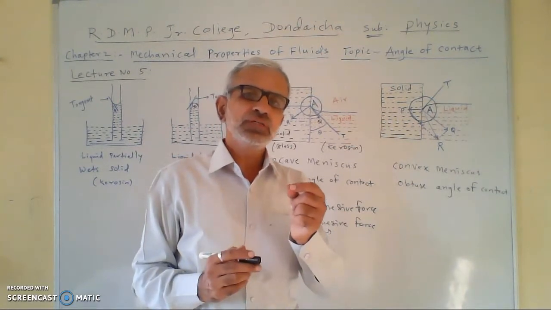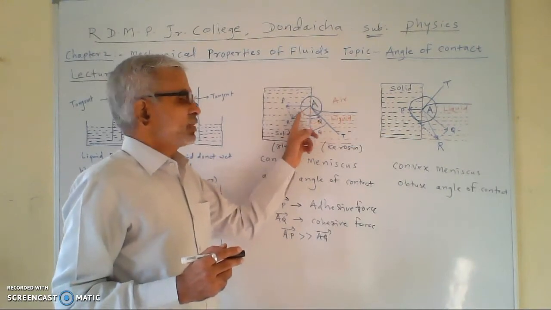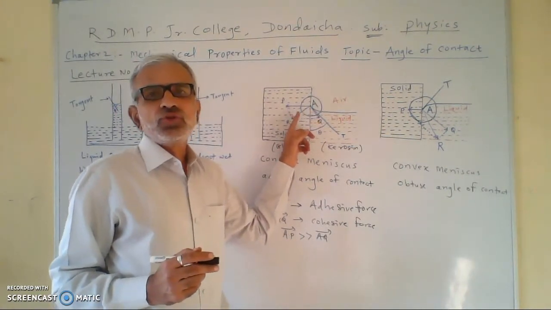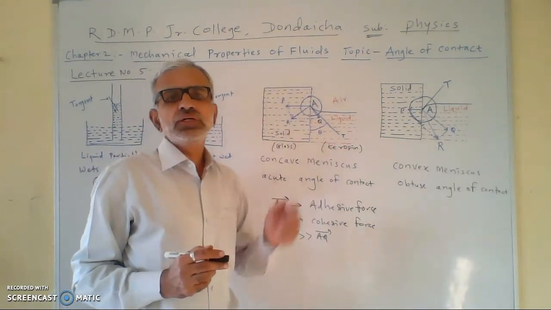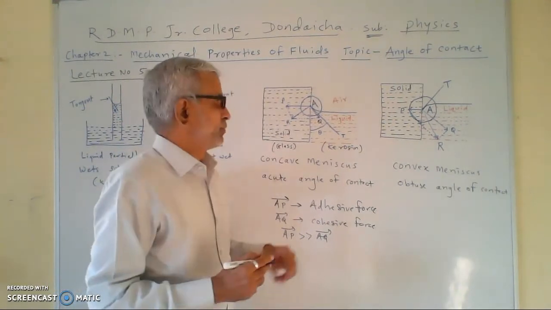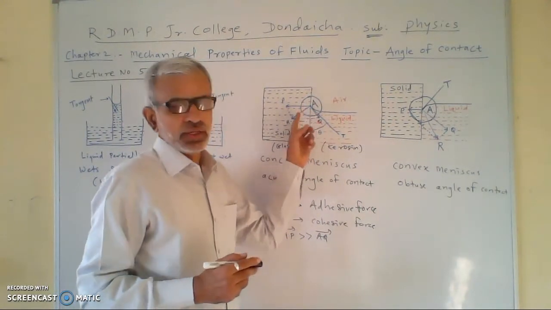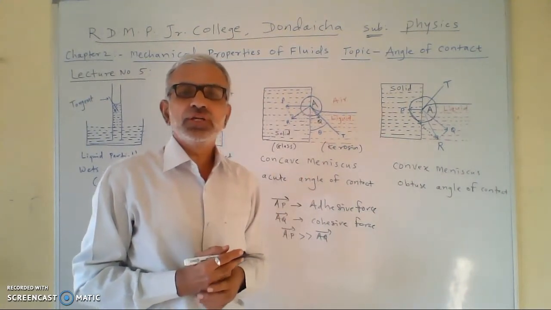So what is the basic thing here? The basic thing is that the resultant vector AR should be perpendicular to the tangent, and to make it perpendicular to the tangent, this liquid molecule A piles, or moves in upward direction.